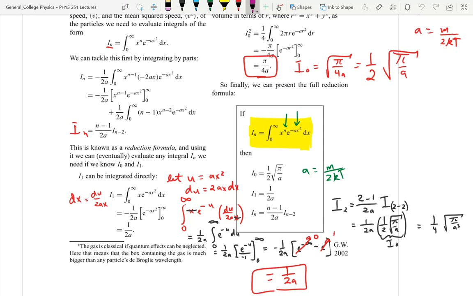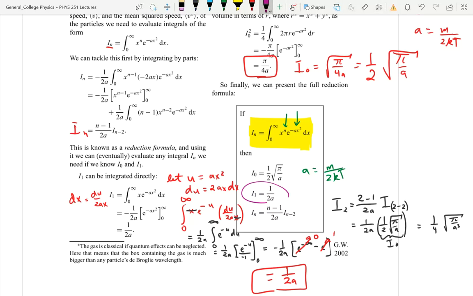If it's v squared, which was actually v cubed, so if n is 3, then the integral for n equals 3 is equal to 3 minus 1 over 2a times the integral for 1, which is here, so you just plug that in.